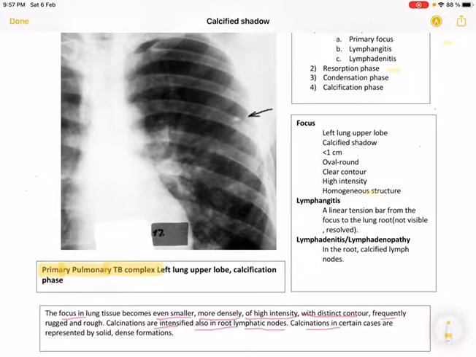If it is infected for the second time, or a residual mass present in the body of that patient reactivated, then it is not primary but secondary pulmonary TB. So in this case, it is a primary pulmonary TB, left lung upper lobe. And what is the phase? Calcification phase. So in this way, we can read an X-ray image.